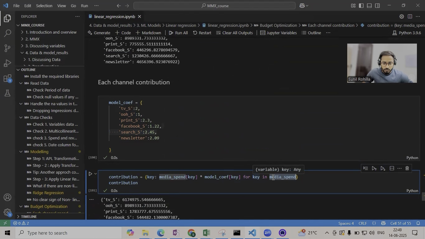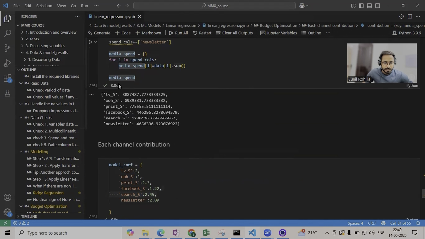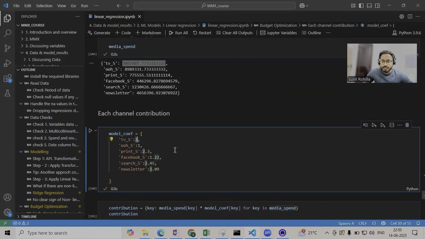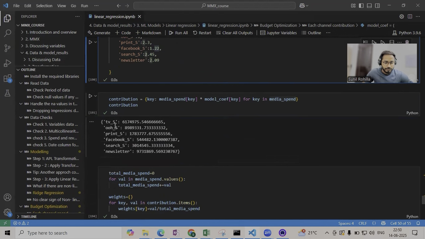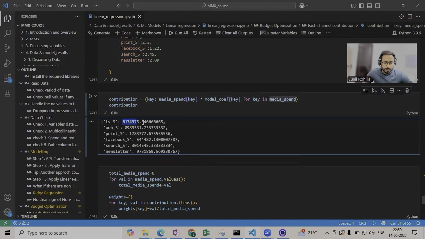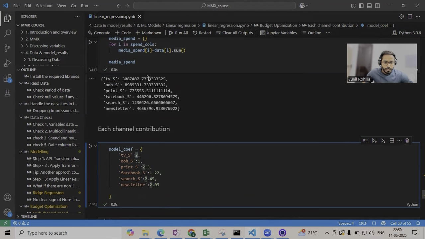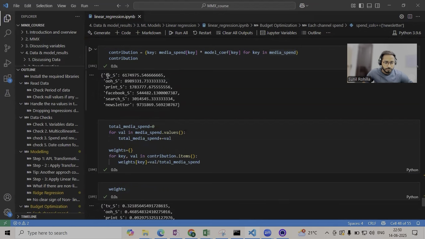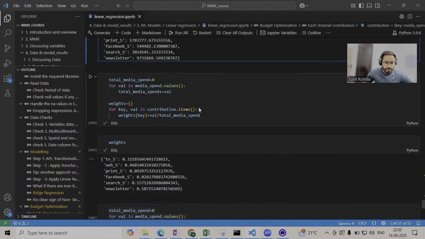And then I'm iterating over this dictionary and multiplying this spend with the coefficient here to get the total contribution for each of the media channels, right? So for TV, this is the contribution here, that is coefficient 2 times 3087,487, right? So this is the contribution that I'm getting, right?